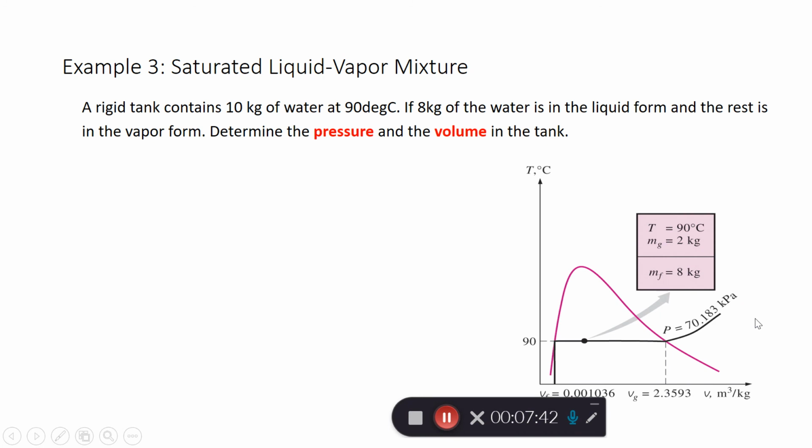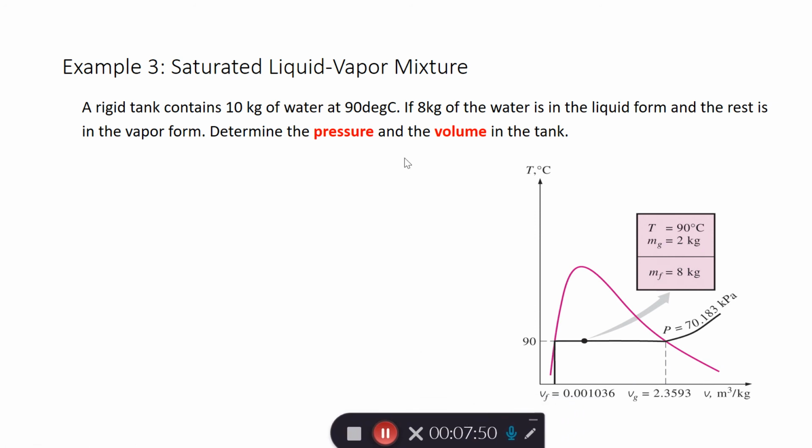Okay, let's go through this example. A rigid tank contains 10 kilograms of water at 90 degrees. If 8 kilograms of the water is in the liquid form and the rest is in vapor form, determine the pressure and volume in the tank. So what we know is we have the temperature is 90 degrees.